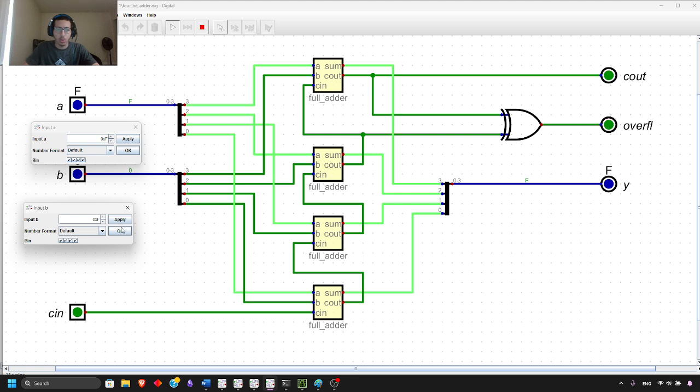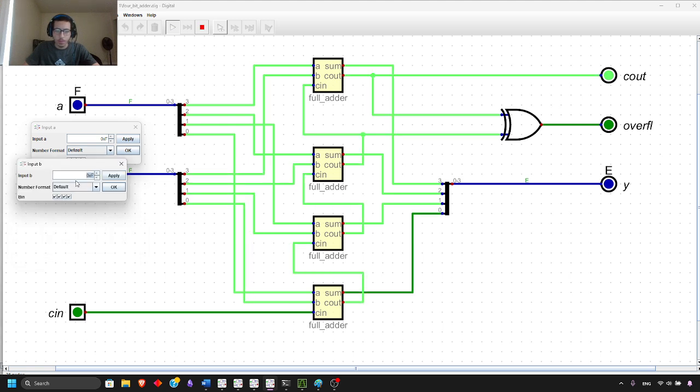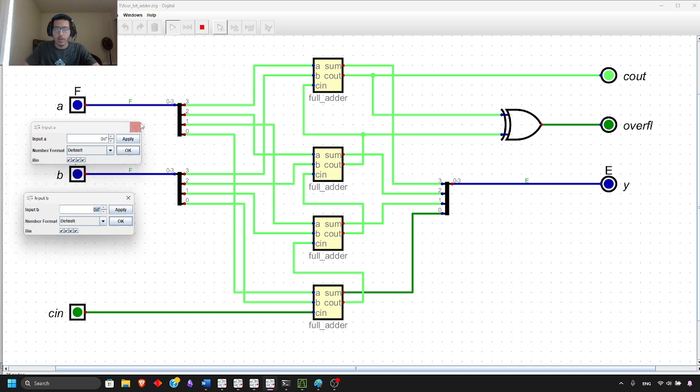So hold on, okay. When this is F and this is F, we need a carry out because 15 plus 15 is 30, and in bit notation that would be a higher number. You would need more than 15 values.